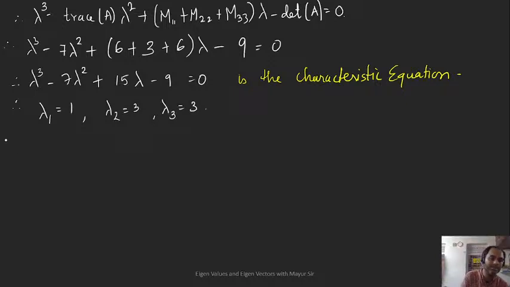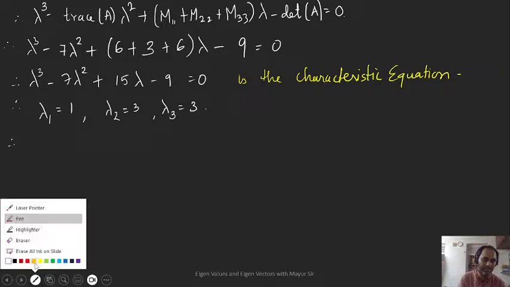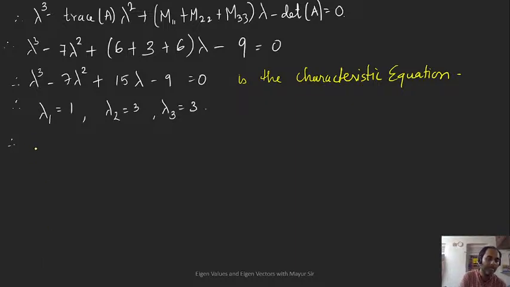Here comes the most important thing, the algebraic multiplicity concept. We have seen what algebraic multiplicity is. The algebraic multiplicity of a particular eigenvalue is the number of times it is repeated. In short it is written AM.